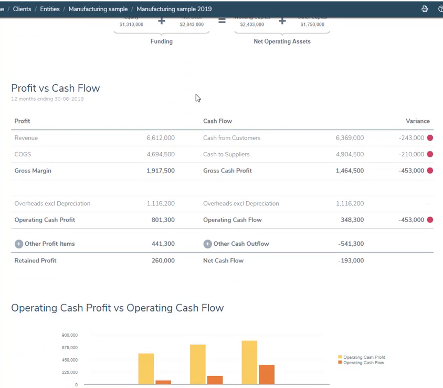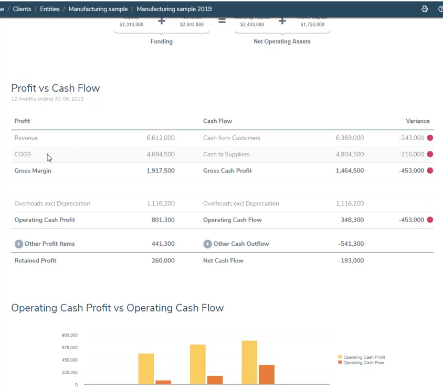So our profit versus our cash flow. This is really quite interesting. As you would expect, our profit's going up, but the cash from the customers is actually going down. And that's because it's taking us too long to be able to get the money out of the people we're selling to. So we're actually having to fund this.